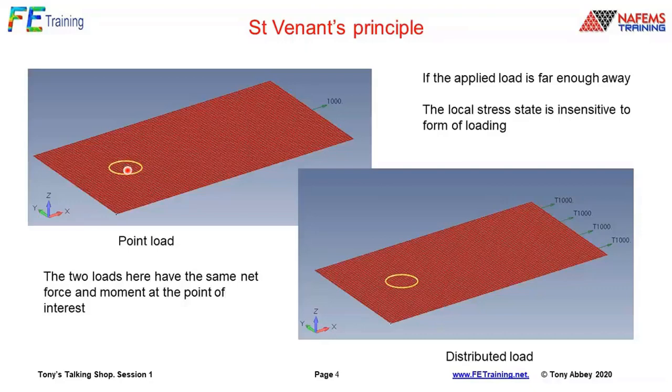So we have fundamentally the same load path, but basically we get this diffusion effect coming in. So the local stress state is insensitive to the form of loading, and that's something we really leap on with finite element analysis. I'll try and show some examples of how we take advantage of that as we go through. So that's the idea.